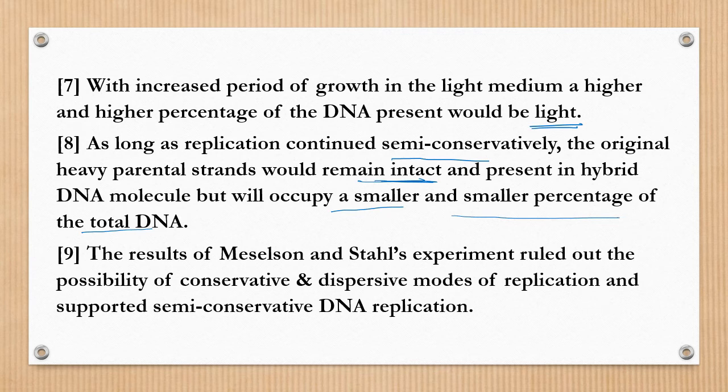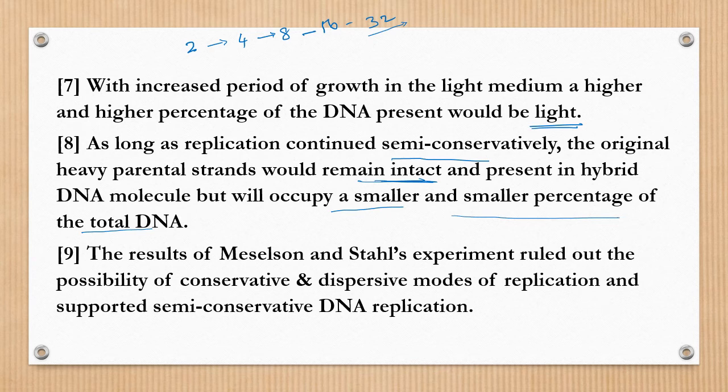Again in the next generation it becomes 16, and in that also only 2 DNA contain the heavy DNA strands. So in the first generation 2 DNA molecules are formed, in the second generation 4, third generation 8, fourth generation 16, fifth generation 32. So as the generation increases, the number of newly formed DNA increases.